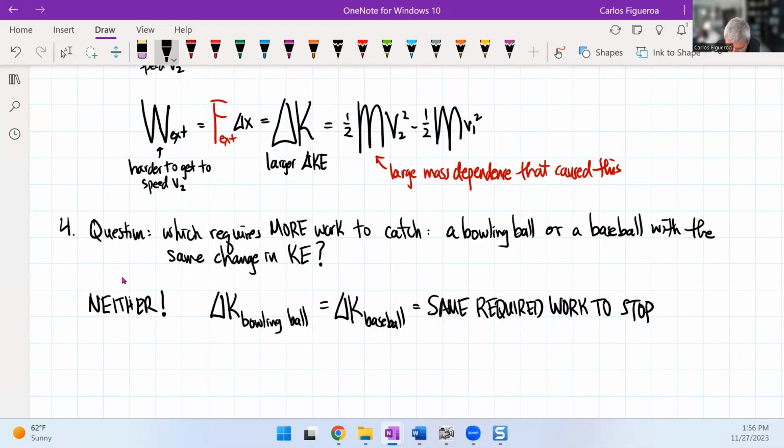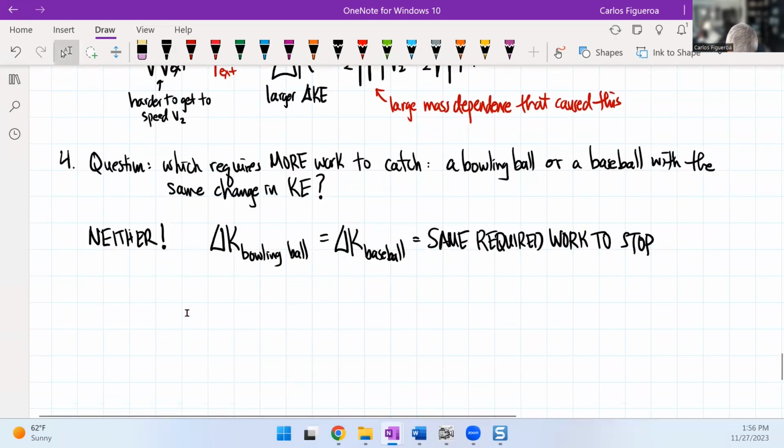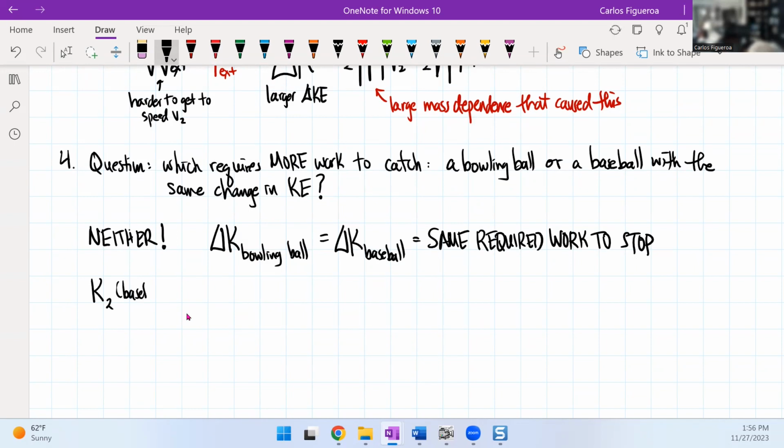Does this mean the baseball is just moving a lot faster then? To make up for the weight? And the only way you can do this here is that if we're going to stop it, then that means that the final kinetic energy of the baseball must be zero, and the final kinetic energy of the bowling ball must also equal zero.